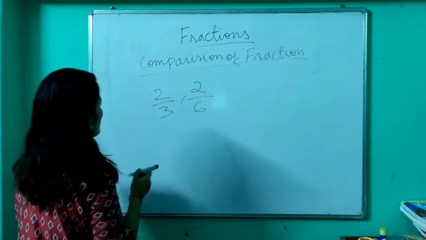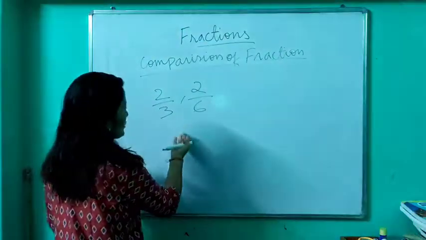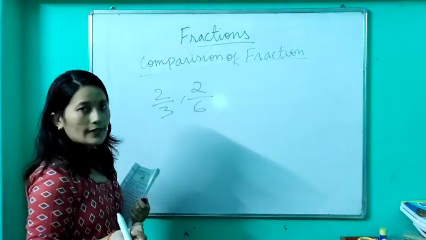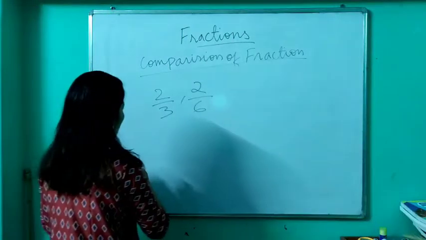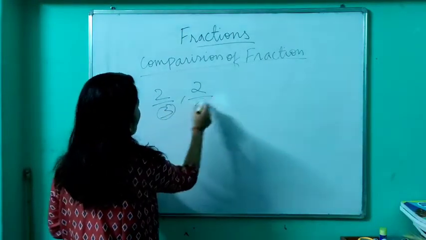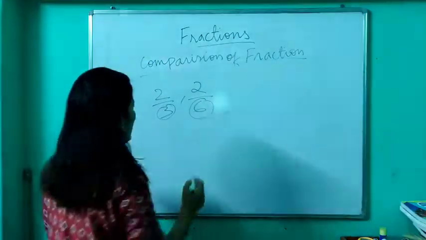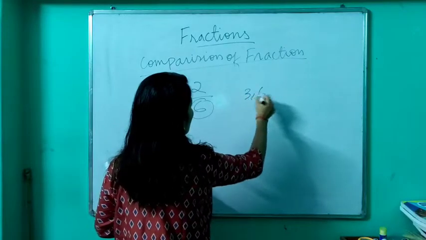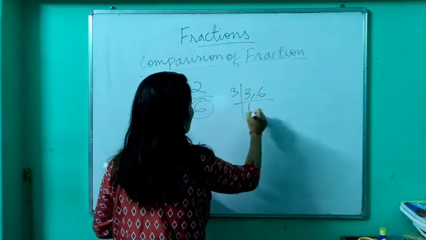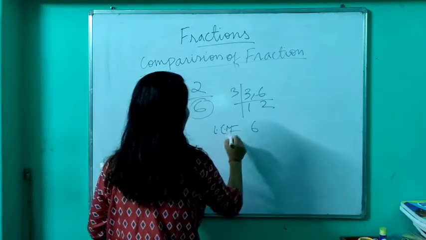Okay, so first you have to find, we all know how to convert the unlike fraction into a like fraction, right? So first let us convert this into a like fraction. How do you do that? By finding the LCM. Now for that you have to find the LCM of a denominator, that is 3, 6. So 3 1s are 3, 3 2s are 6. So 6 would be your LCM.